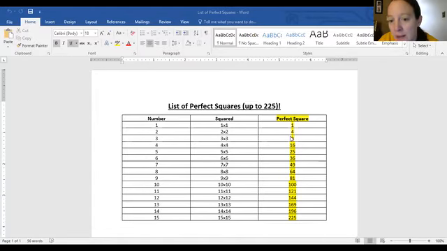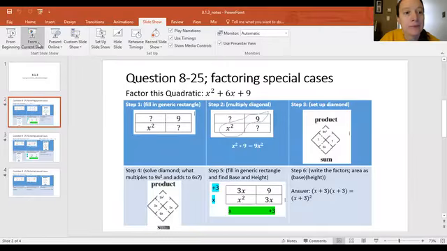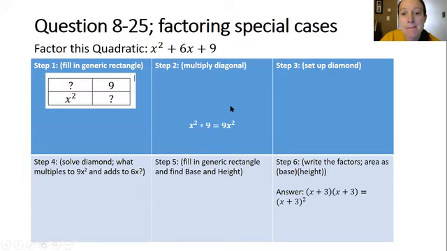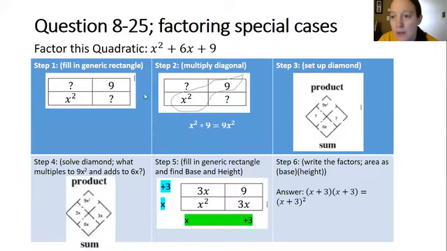And we can see that the number 9 is in this list. It's a perfect square. And that's how I knew this guy was going to be a nice factor, because of that 9 right there.